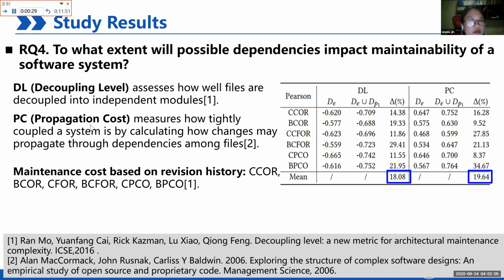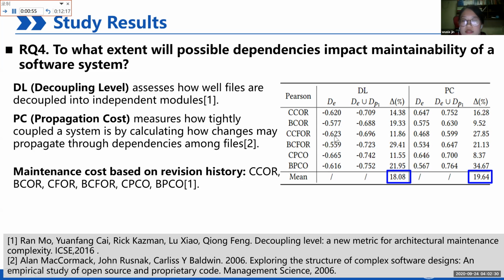On the contrary, propagation cost measures how tightly coupled a system is by calculating how changes may propagate through dependencies among files. The larger the DL value and the lower the PC value, the better the maintainability of a system will be.